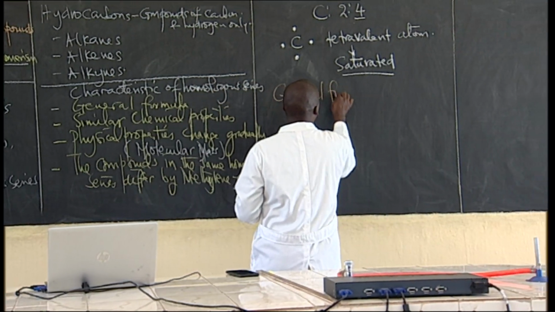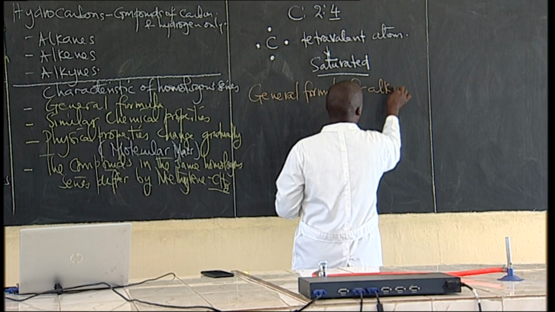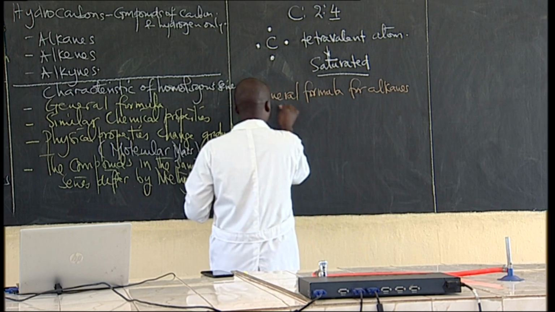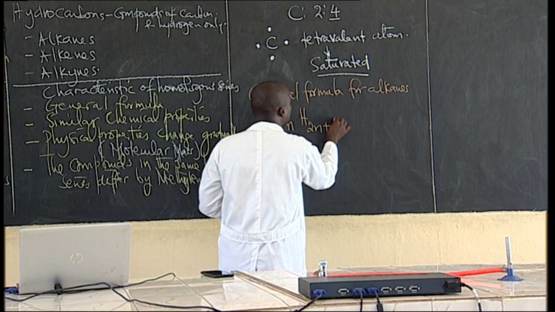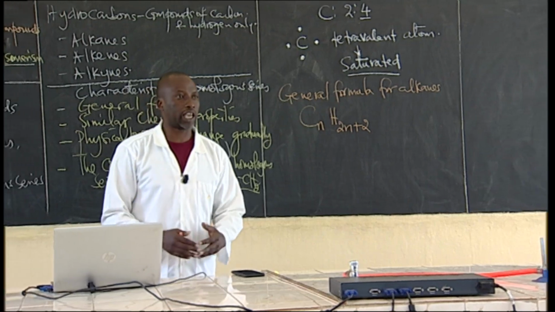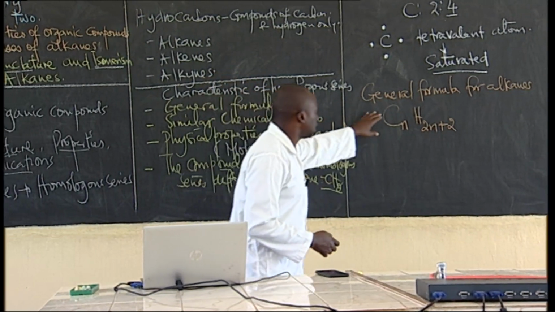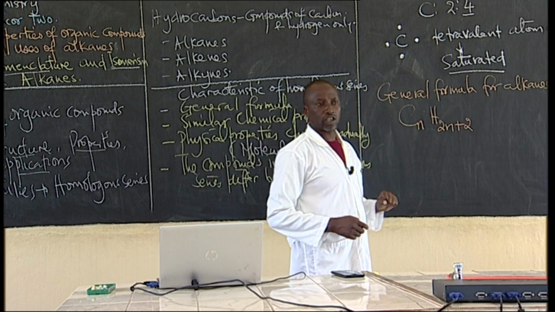The general formula for alkanes is CnH2n+2. That is the general formula for the alkanes. You need to memorize this general formula.